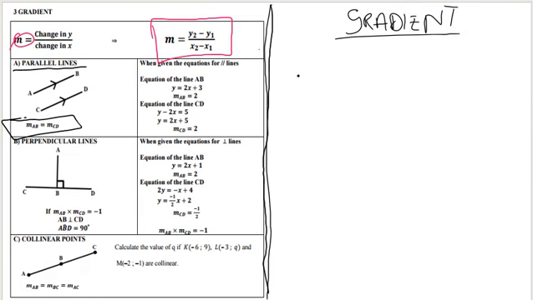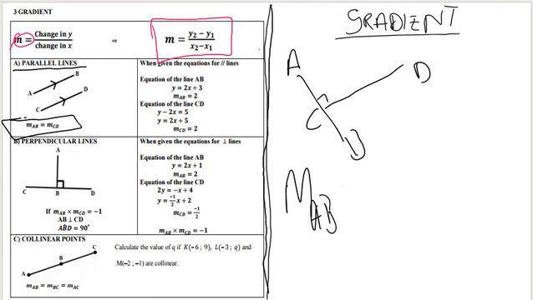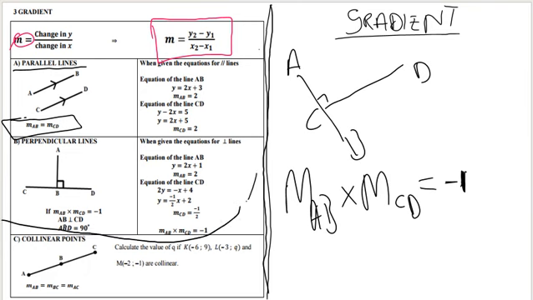So if we have this line AB and this line CD, such that AB is perpendicular to CD, then the gradient of AB times the gradient of CD is always equal to -1. This is what is said by this property.